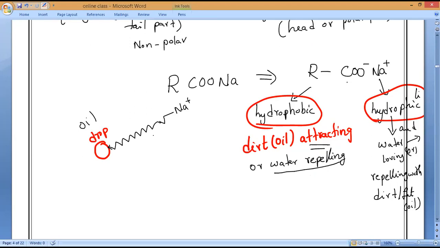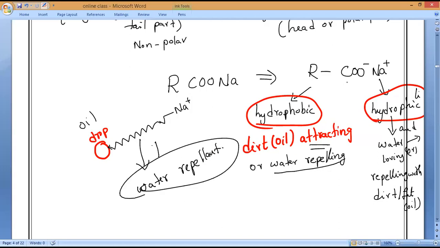Is it water repellent or water attractant? Water repellent. That is why it is called the tail part. The tail part always repels water and attracts the dirt, grease or oil.